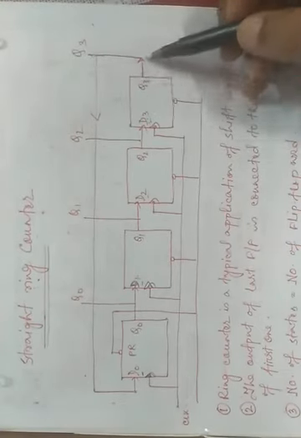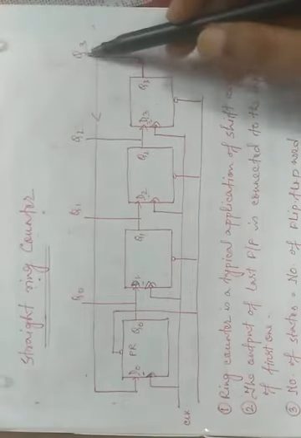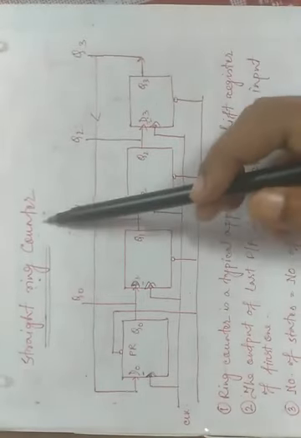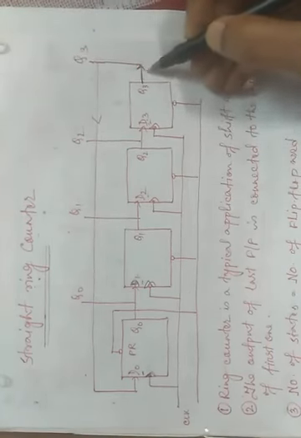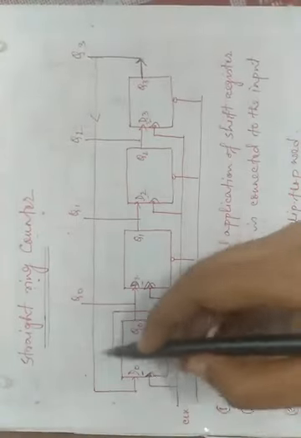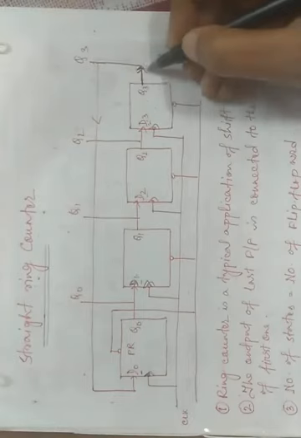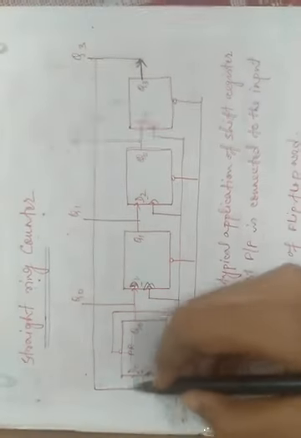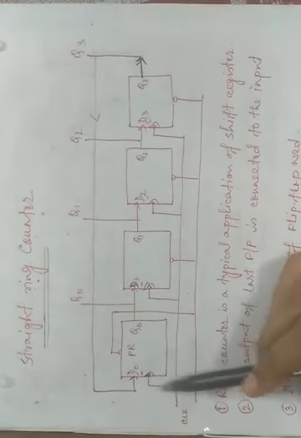But in a shift register we get the output Q0, Q1, Q2, Q3 from the last register. As this is a ring counter, the only difference is that the output of the last register will go as an input of the first one for every clock pulse.